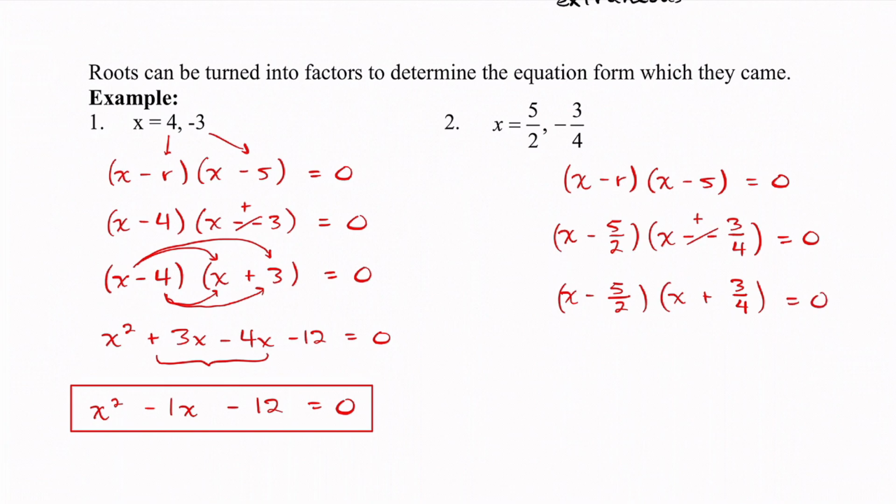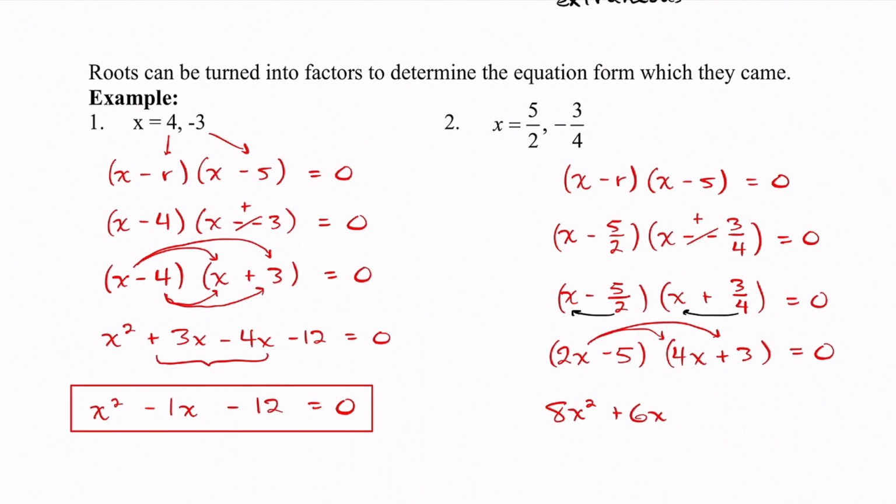Okay, now if ever you have fractions like this, what's going to happen is that the denominator number is going to come up and go in front of the variable. So I'm going to have 2x minus 5 now, and the other one, the 4 comes up, so I get 4x plus 3. So we have that, and then I just have to FOIL. So 2x times 4x is 8x squared. 2x times 3 is 6x.